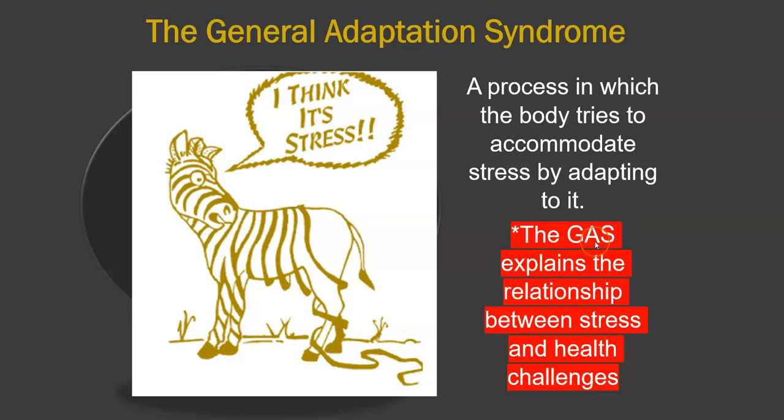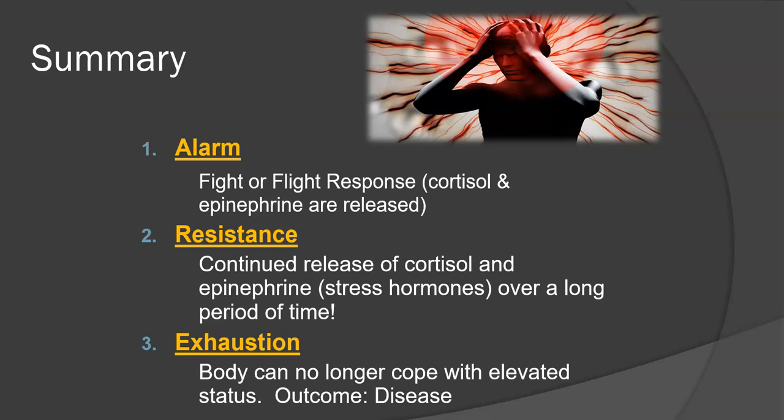So the general adaptation syndrome attempts to explain the relationship between stress and health challenges. And let's go ahead and take a look at what those stages are. So with the general adaptation syndrome, again, there are 3 stages or 3 phases.